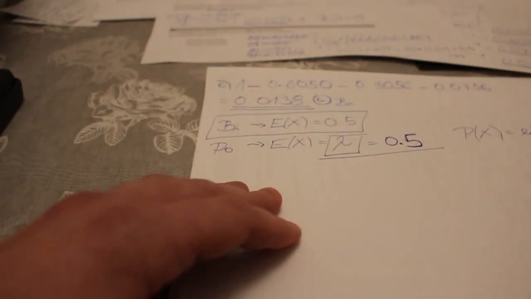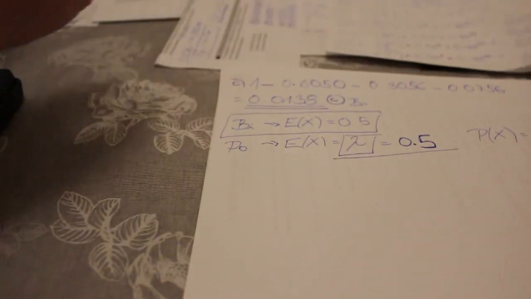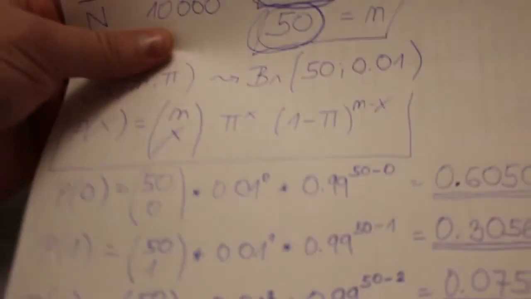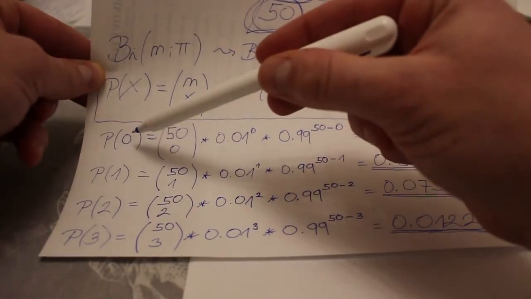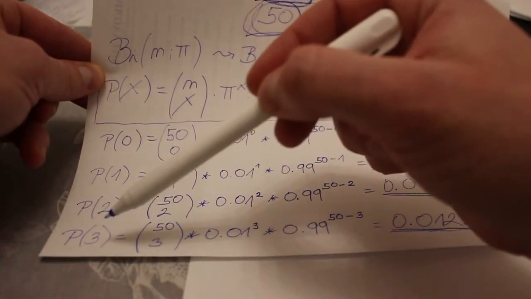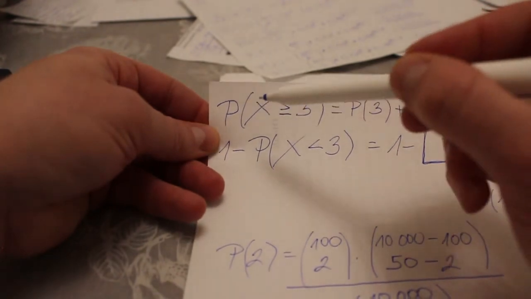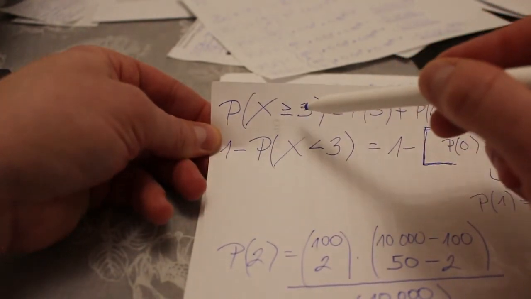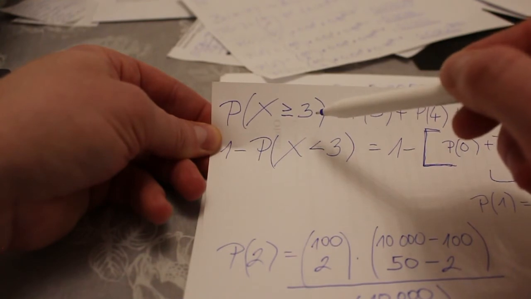So now I will try to calculate everything one more time. Probability 0, probability of 3, and the probability that random variable x will be higher or equal to 3.